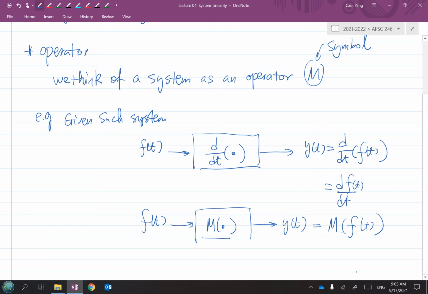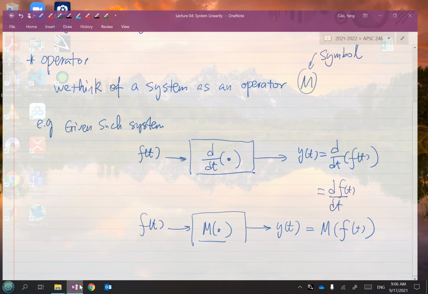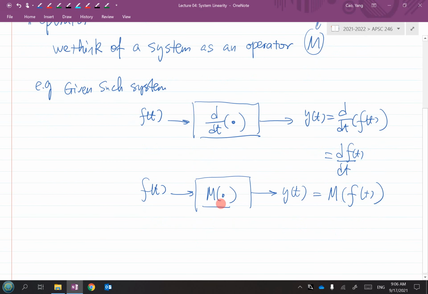Just a sec. Let me turn on my little highlighter. Good. So that's the idea of an operator.